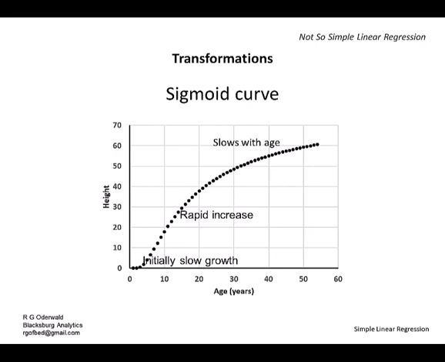Growth is initially slow, then increases rapidly near the inflection point, and then increases more slowly or reaches an asymptote as age increases. You may be familiar with sigmoid growth as you watched in horror as your younger brother or sister suddenly reached your height.